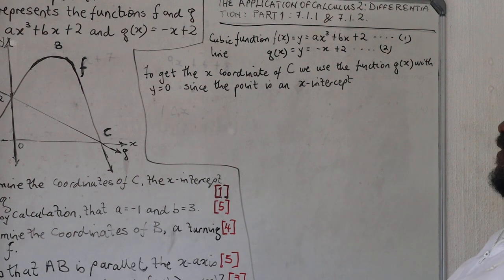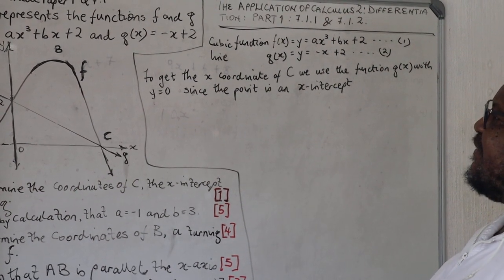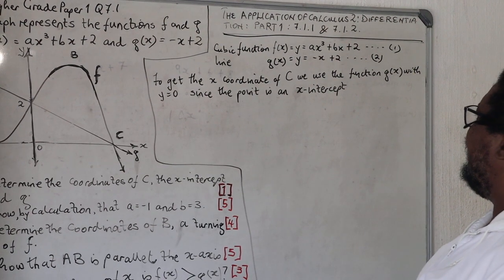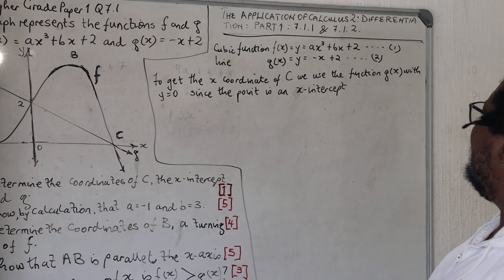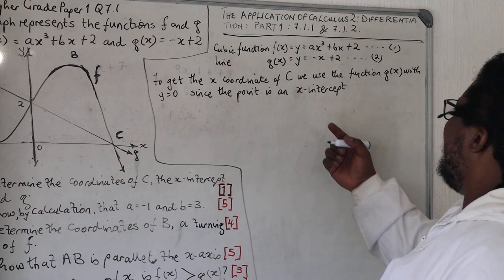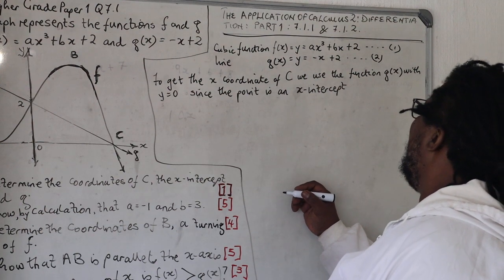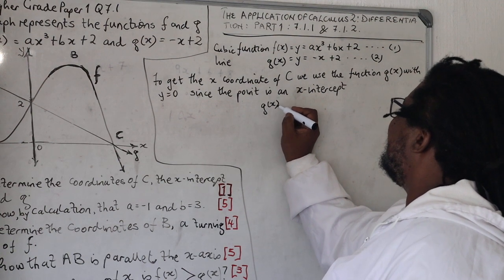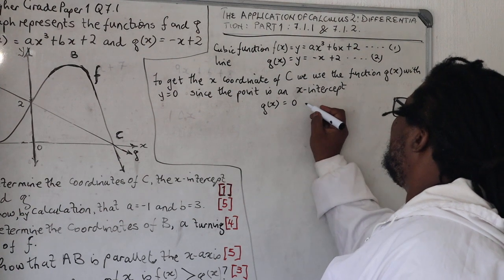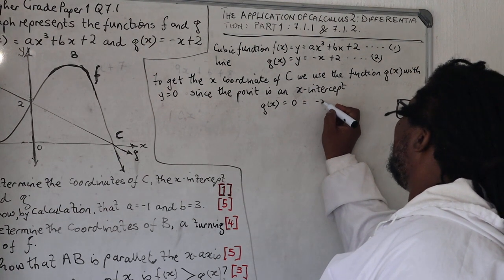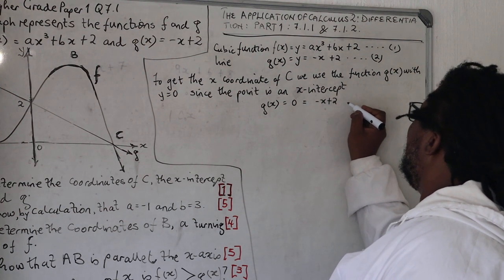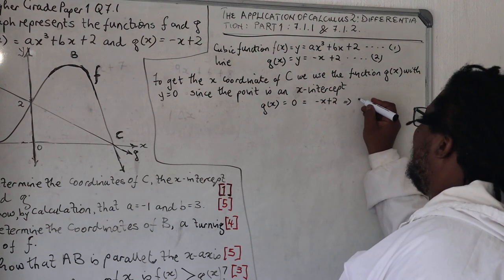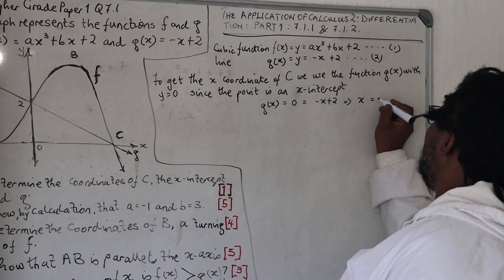That is a y-intercept, the value of y when x is equal to 0, and it satisfies both the equation of the line and the equation of the cubic function. So then we have y is equal to 0, and so g(x) = 0 = -x + 2, and we take x to the left hand side, it becomes positive. We have x is equal to 2.